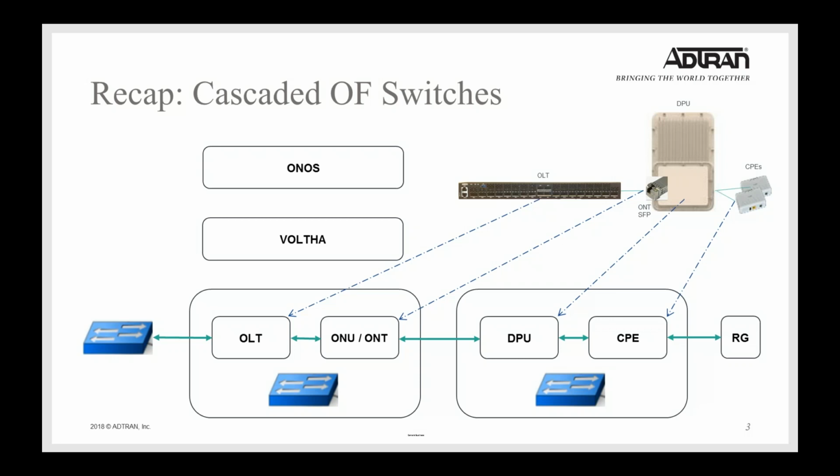It could also be some optical part, which is really part of the DPU. And then we propose on the right-hand side another logical switch. This time, it contains a DPU device and several CPE devices, so that this logical switch will have a DPU uplink port on the left-hand side of the switch, on the northbound side, and it will have several CPE ports, which are normally connected to some RG or whatever. So this is what we already presented to you.